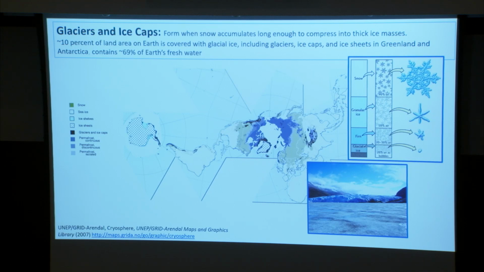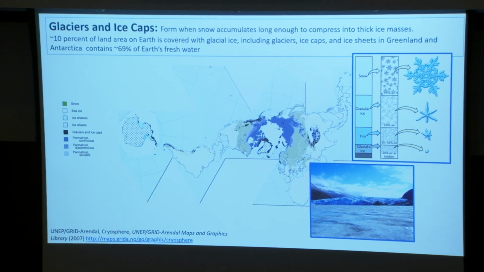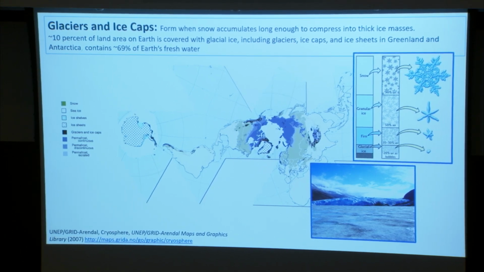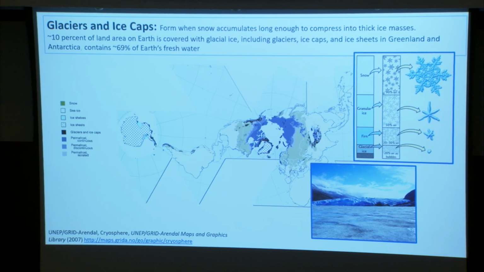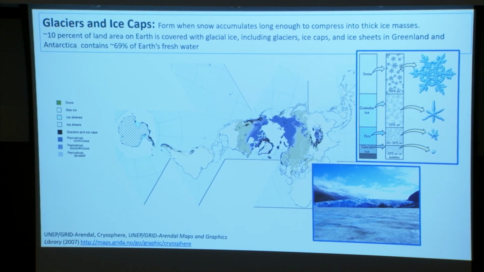These glaciers and ice caps, shown here in the black and the black dots, serve as museums back in time. They offer high temporal resolution of things like temperature, precipitation, different chemistries, and microbes, all slowly going back into time.